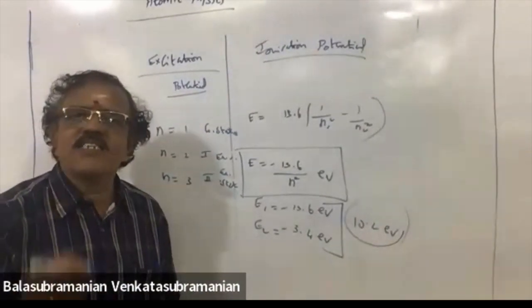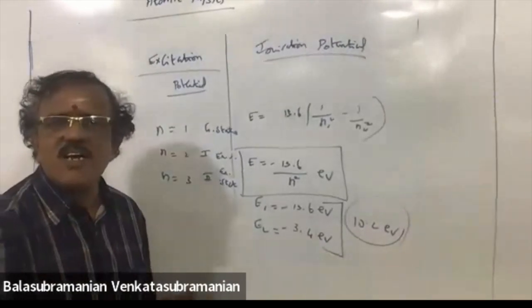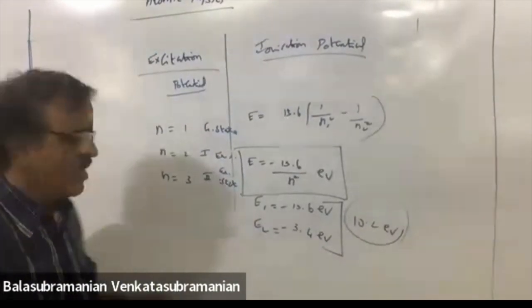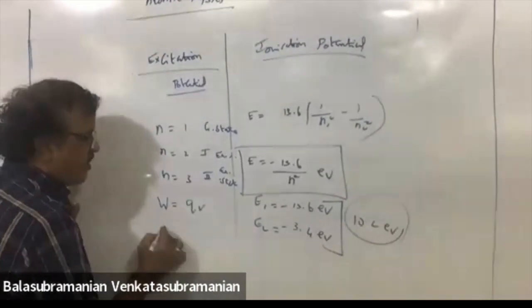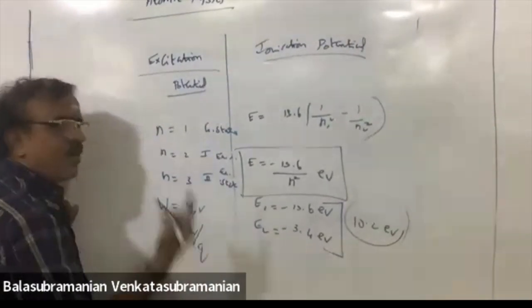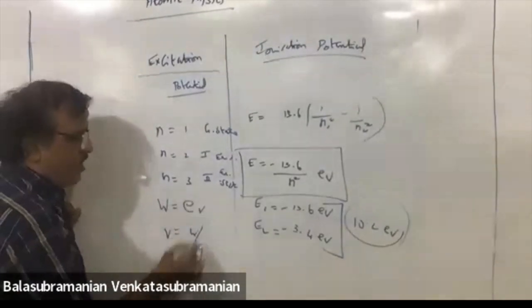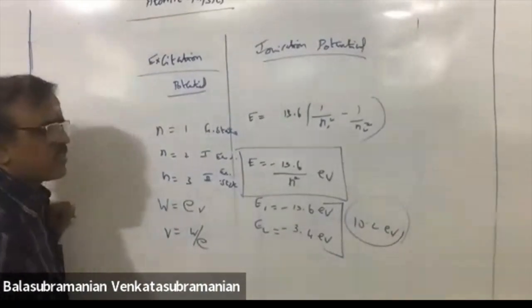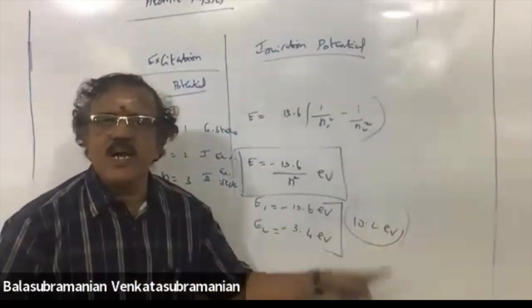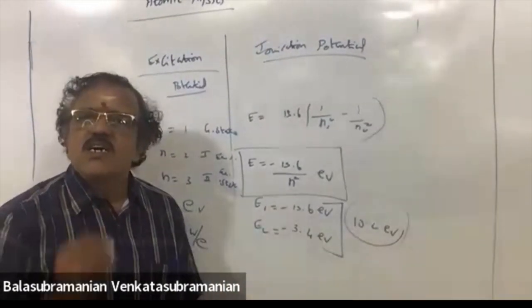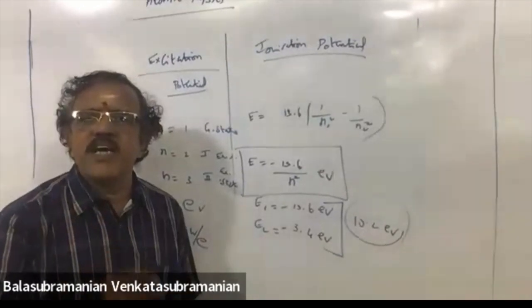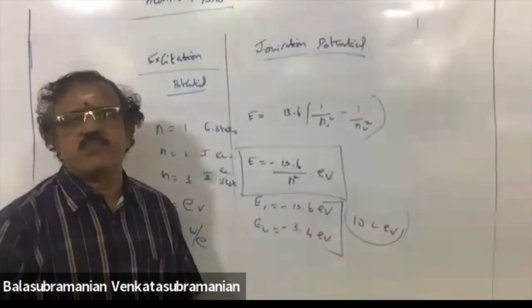10.2 electron volt is the first excitation energy. Sir, I want the excitation potential. Divide by charge. W is equal to Q into V, so V means W by Q. Only one electron, so eV divided by charge. So 10.2 electron volt is the first excitation energy, and 10.2 volt means excitation potential.